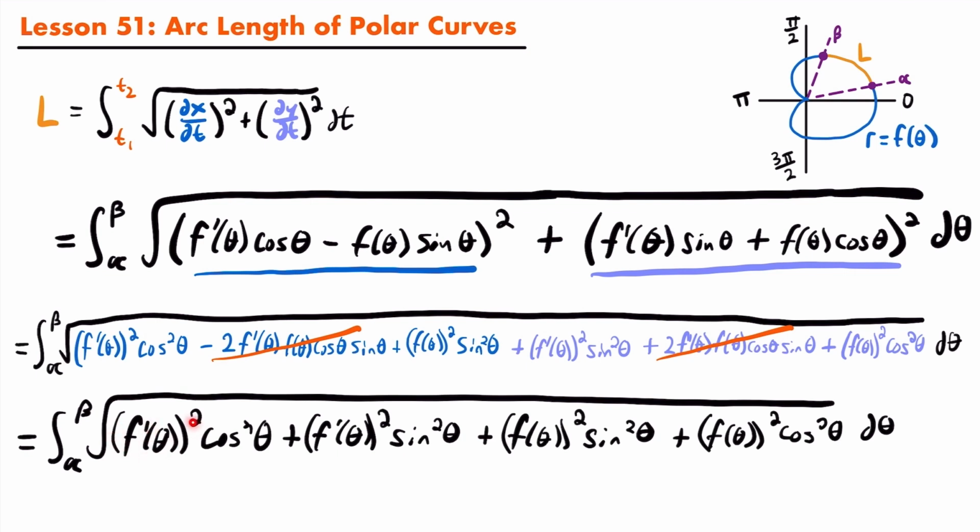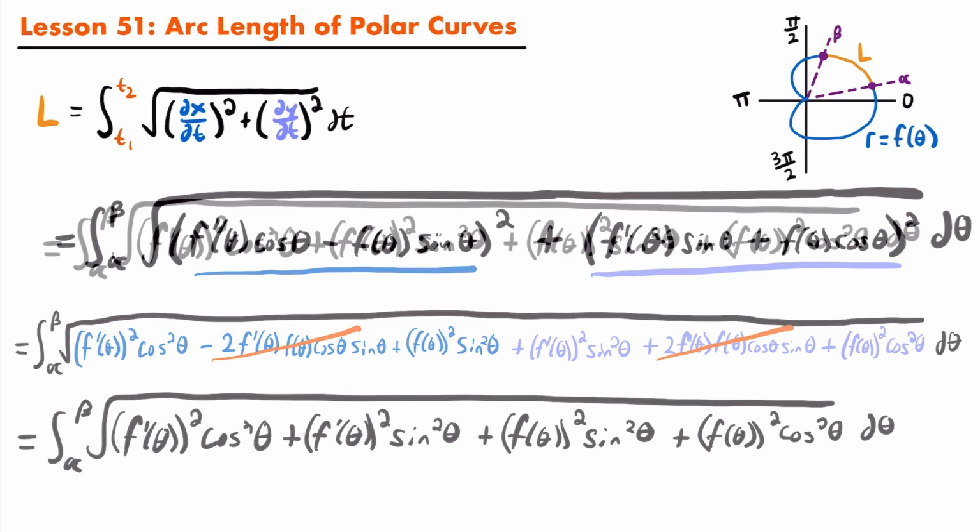We have f prime of theta squared times cosine squared theta and f prime of theta squared times sine squared theta. And then for these 2 terms, they both have a common factor of f of theta squared. We have f of theta squared times sine squared theta and f of theta squared times cosine squared theta. And so what we can do is pull out those common factors from each of those pairings, and that will help us see how to simplify this further.